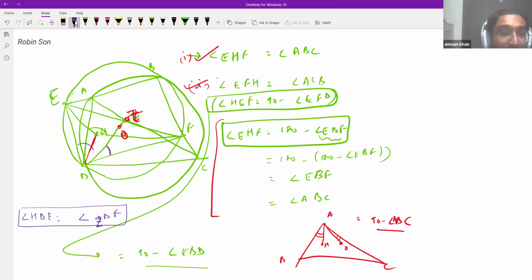Even if it is cyclic, it won't really help us, because we need to bring Z and O into the picture. So try to find cyclic quadrilaterals that involve Z or O.